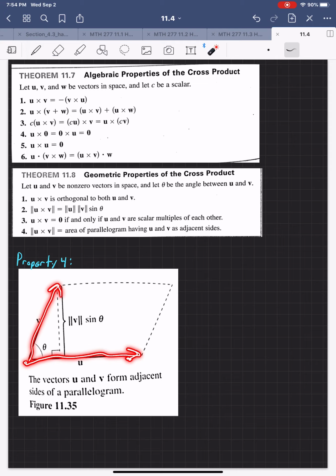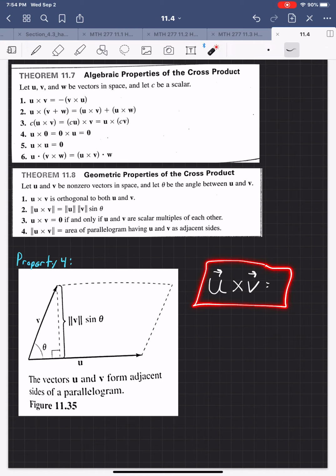Now, you wouldn't think that this would hold, but if you take the cross product of u and v, the only thing that we've really studied so far is that this new vector will be perpendicular to u and perpendicular to v.